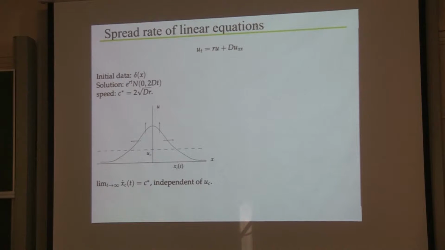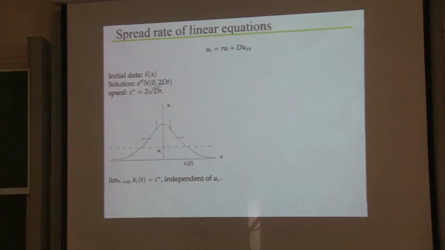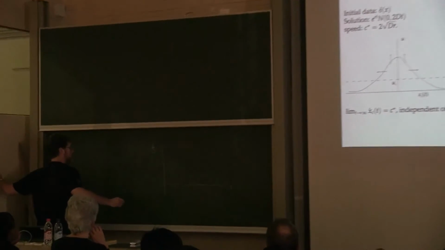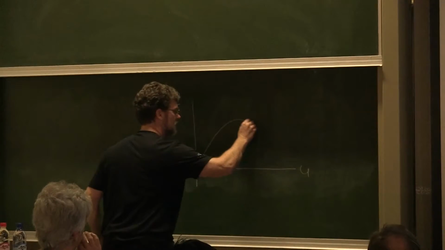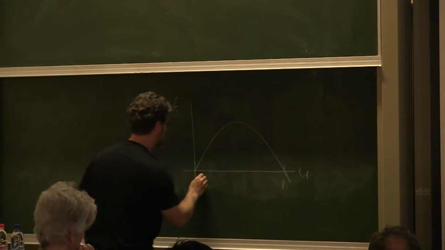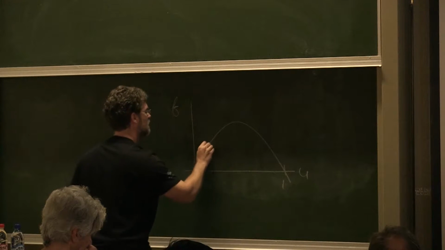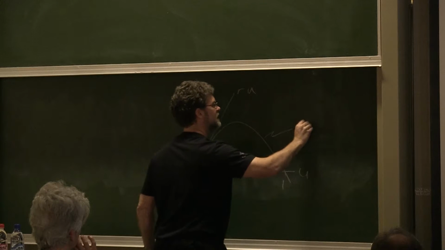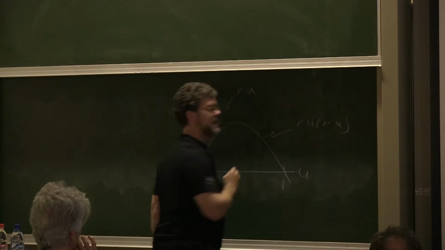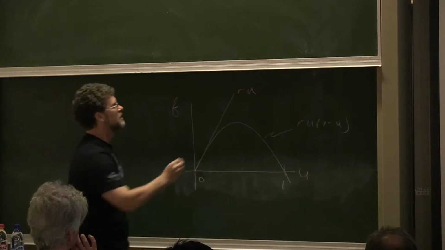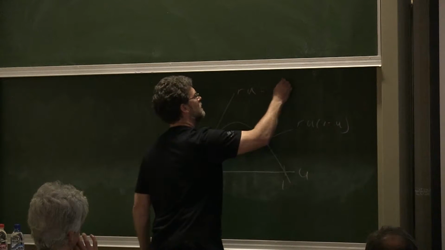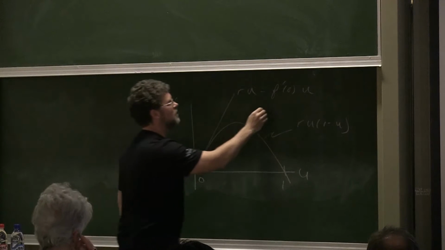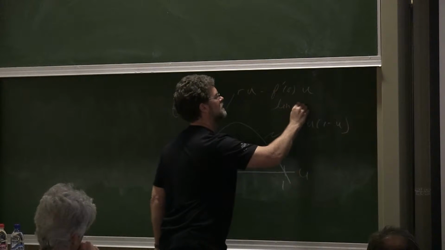So this is f of u, and it looks like this. And this is r times u, and f is r times u times 1 minus u. So we can write this as f prime of 0 times u. This is called linearization.